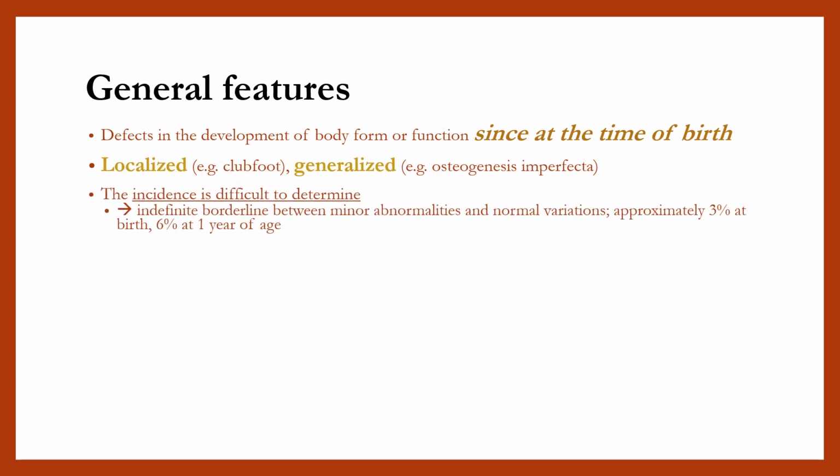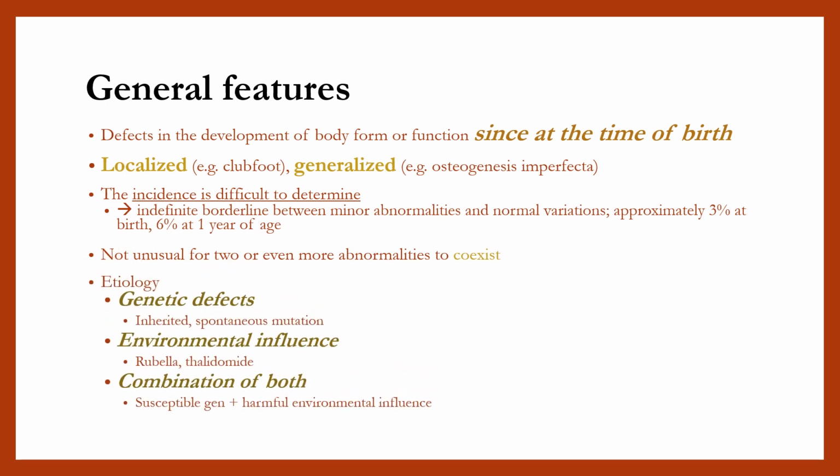The incidence is difficult to determine, approximately 3% at birth and 6% at 1 year of age. It is not unusual for 2 or even more abnormalities to coexist. The etiology consists of genetic defects, environmental influence, or a combination of both.